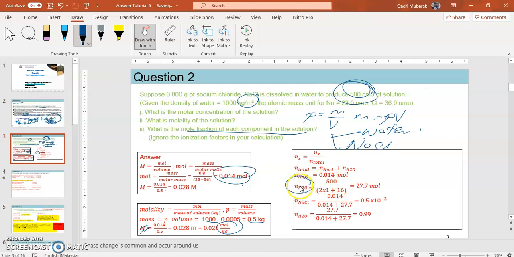To find the mole of water, again we use the formula of mole equal to mass divided by its molar mass.